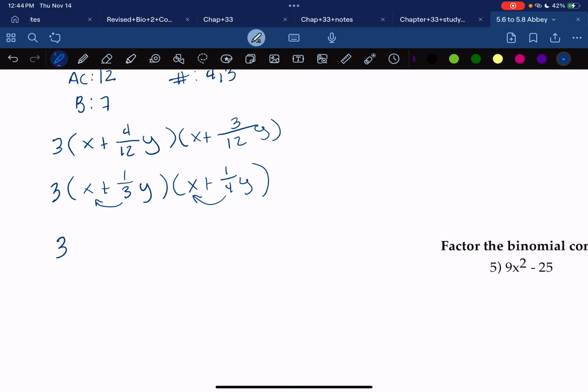So our final answer is going to be 3x plus y, because there is a 1, but since there's a variable, we don't actually have to write the number 1. Now we do 4x plus y. And that is our answer for this problem.